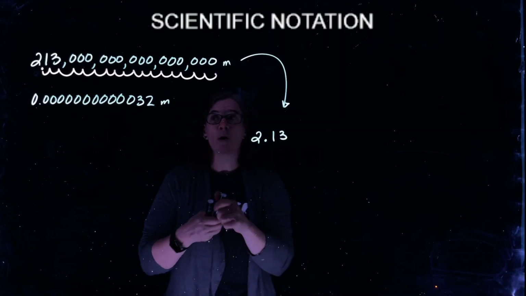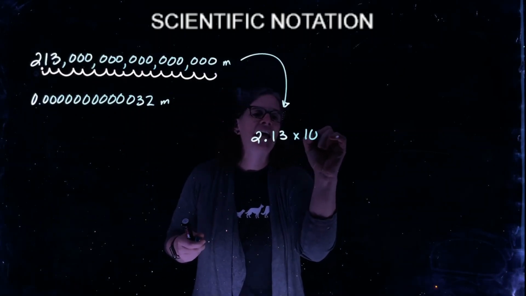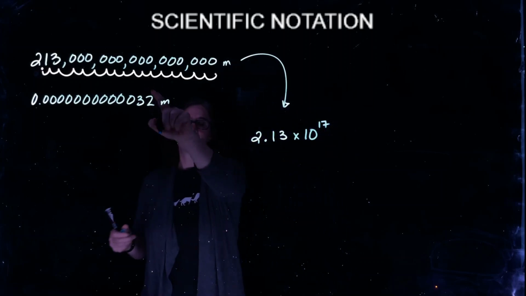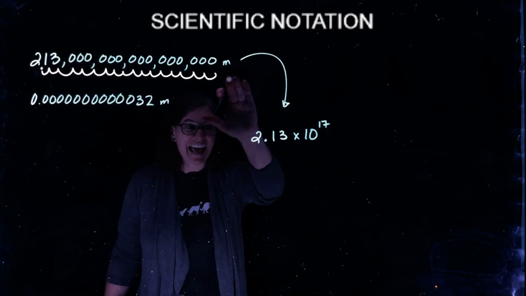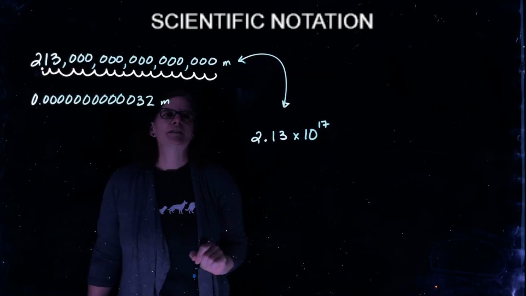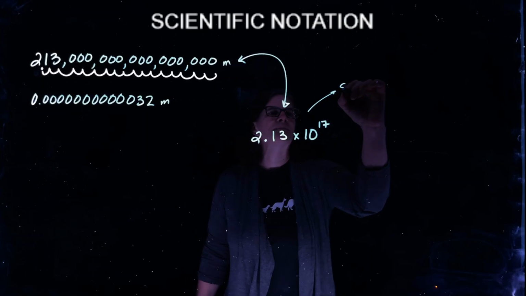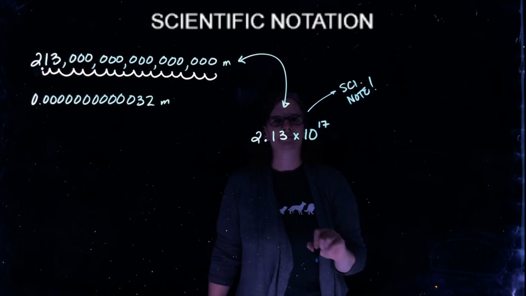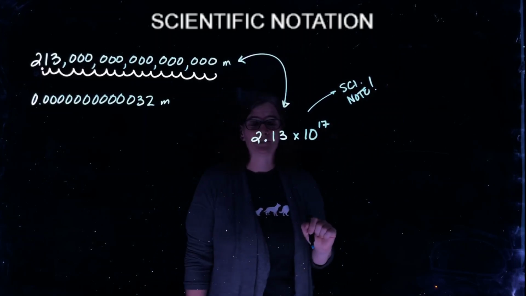I would have to multiply 2.13 times 10 to the 17th to get this number. Shifting that decimal point 17 times to go from this number to that number. This is scientific notation. It makes it a lot easier for me to write a really big number.